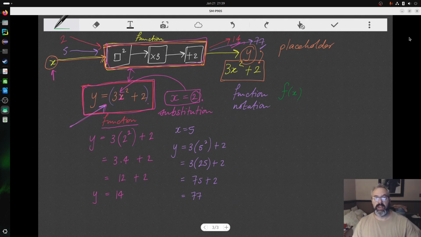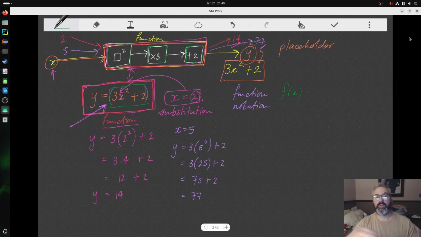When we say we have a function, it means that we have some calculations, three steps here, and inside those calculations we have an x. It may be x to the power of something, or it may simply be an x, or it may be a negative x. It doesn't matter.